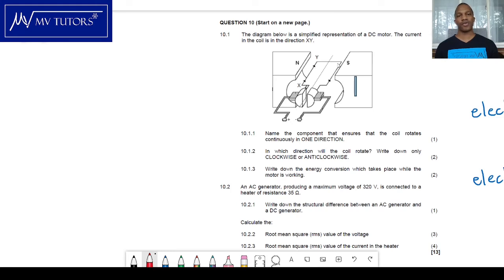Now 10.1.1 says name the component that ensures that the coil rotates continuously in one direction. Remember, in DC we spoke about split rings, and you can see them here. These rings are split in the diagram, so we'll call that split rings.